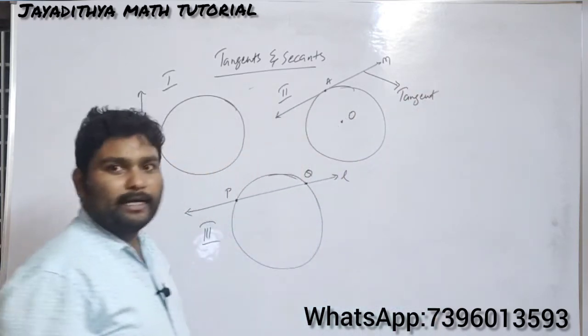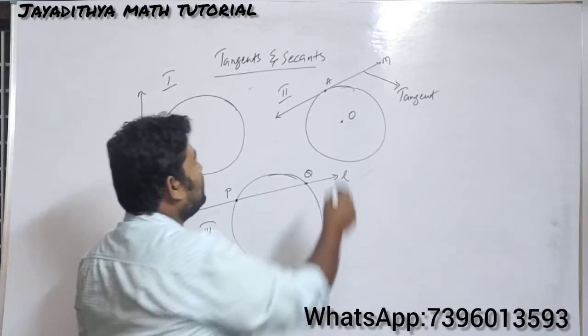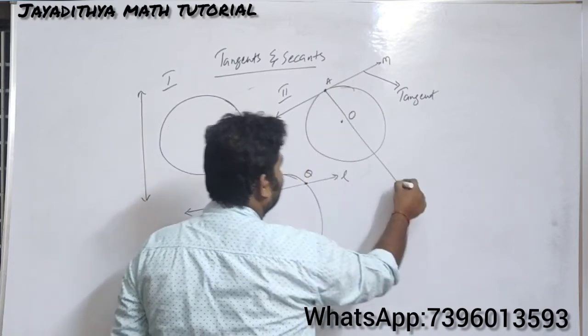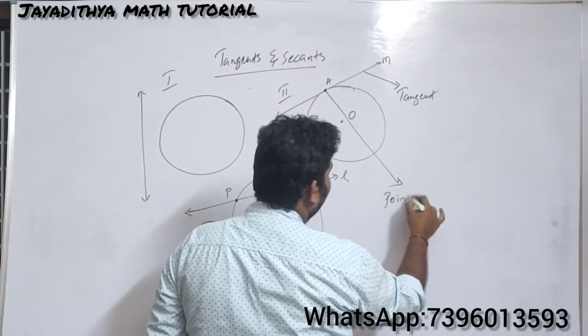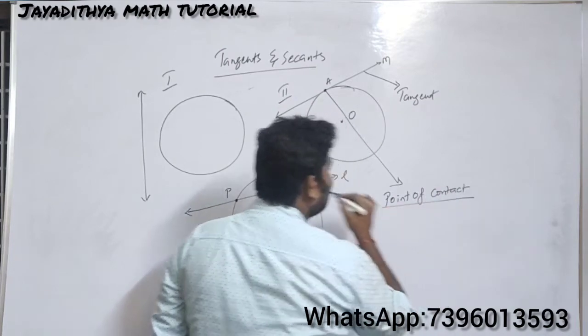So that is called the tangent here. And this point A is known as the point of contact. These words are all very important.